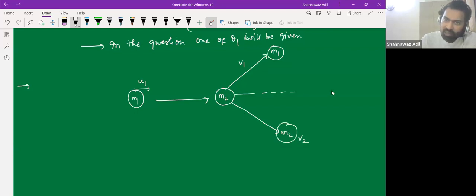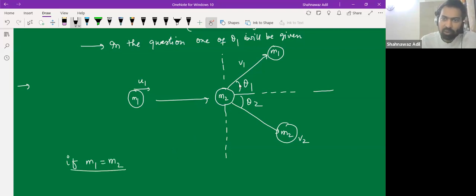This angle is theta 1, this angle is theta 2, right? The question is that if m1 equals m2, then you have to show that those particles will go in perpendicular directions. Which means, what would be theta 1 plus theta 2?